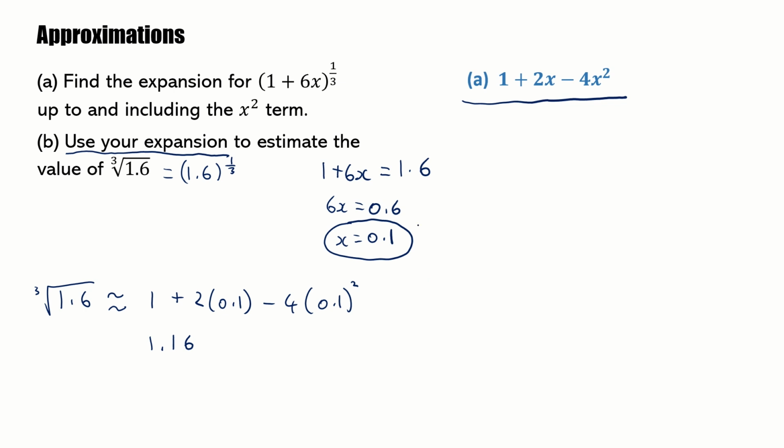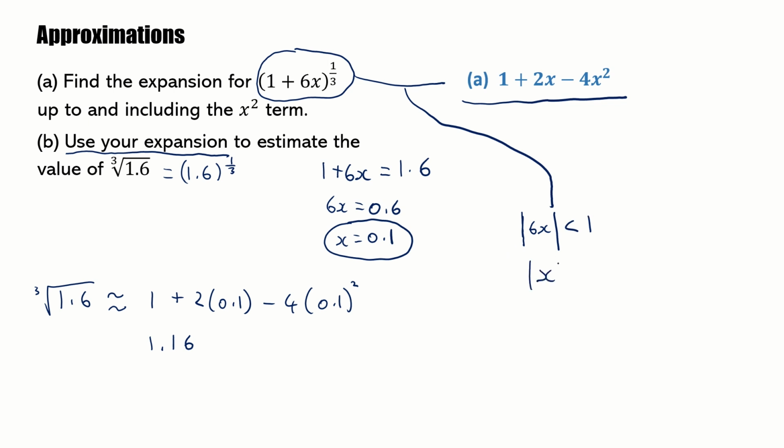However, something to bear in mind is to remind yourself that expansions are only valid for certain values of x. That's something we looked at in a previous video, what values of x an expansion is valid for. For this particular expansion, we have 6x instead of x inside the brackets, so we replace it in that notation. That tells us that the modulus of x is less than 1/6, or in other words, x is between 1/6 and minus 1/6.